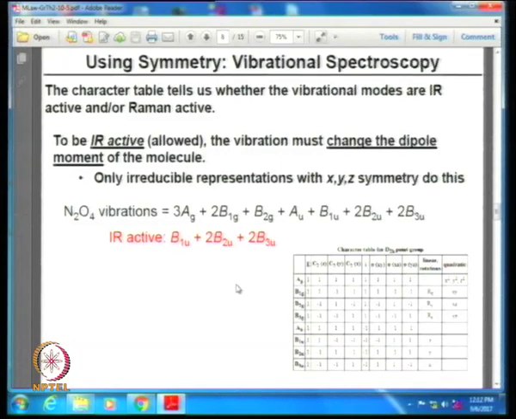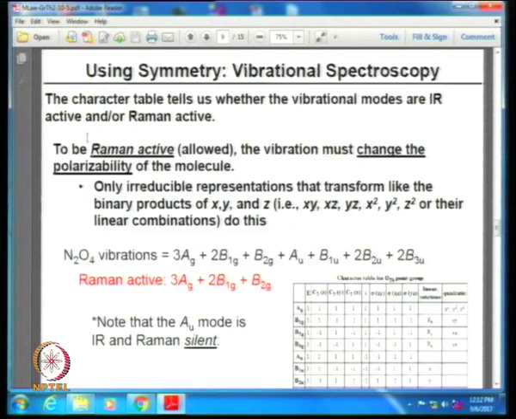And similarly, to be Raman active, I hope you all know what is the Raman effect. It produces supplementary lines around the main line, and that happens due to polarizability. So to be Raman active, the vibration must change the polarizability of the molecule, and this happens when the irreducible representations transform like the binary products of x, y and z.